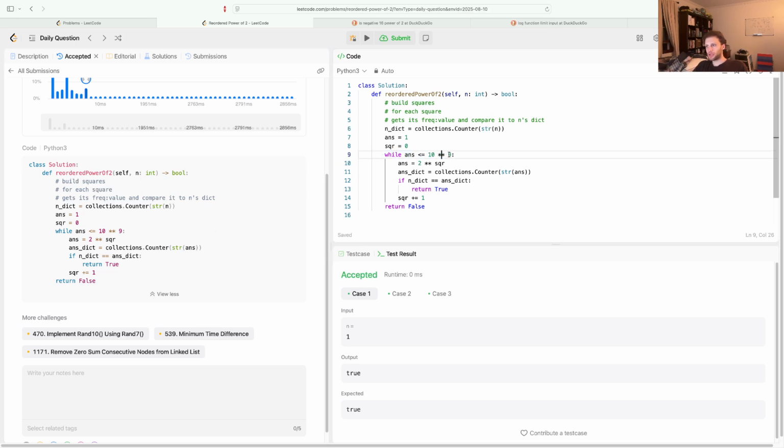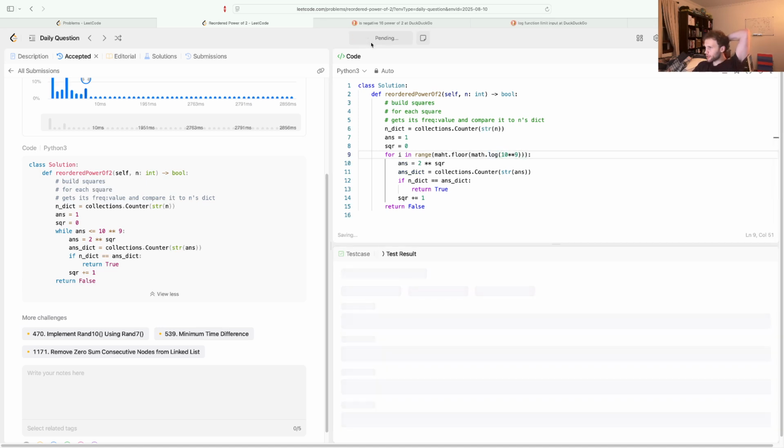So it would look like for i in range, log of 10 to the 9th, with math.log. Something like that is what I would do, I think.